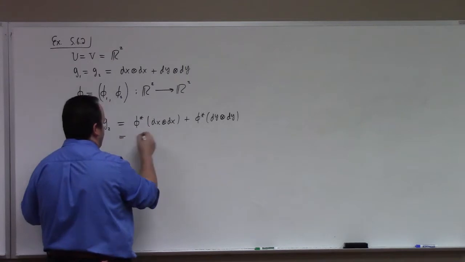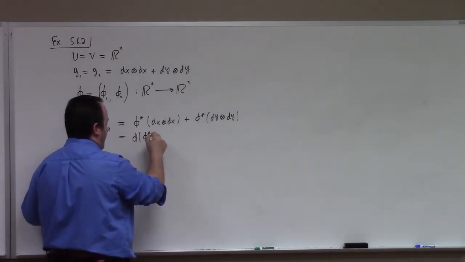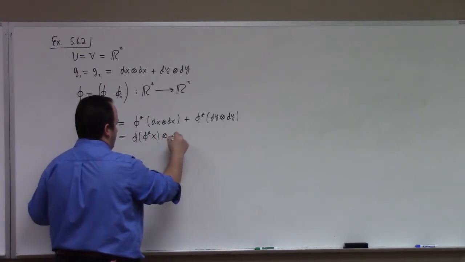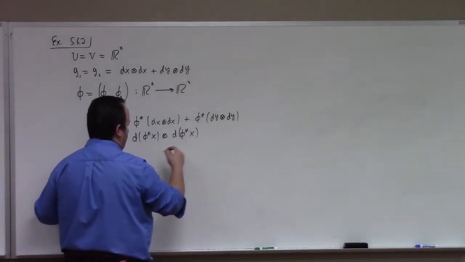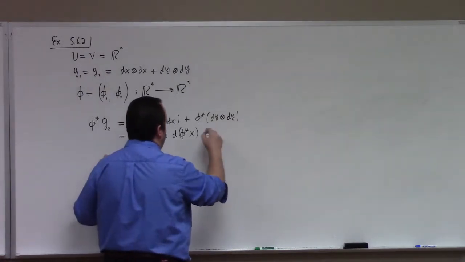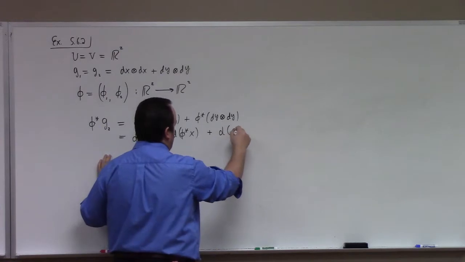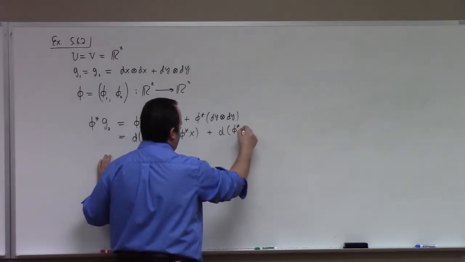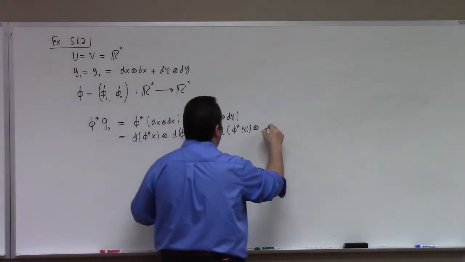Remember, properties of pullback, that's the same as d of phi pullback x tensor d of phi pullback x, and likewise for the y. You don't really need to write this all out.